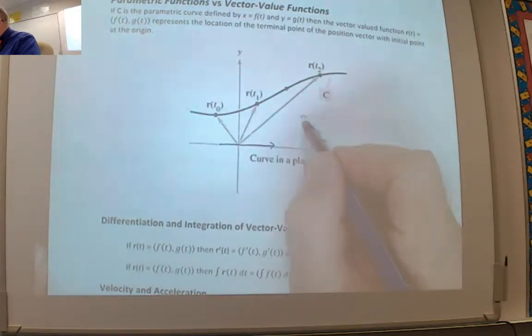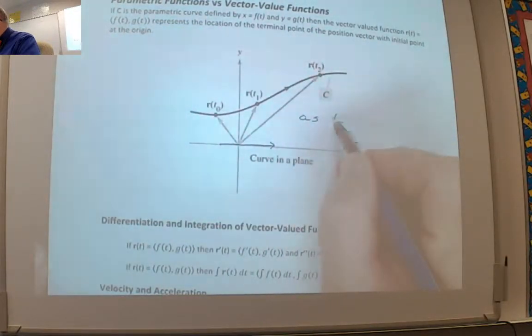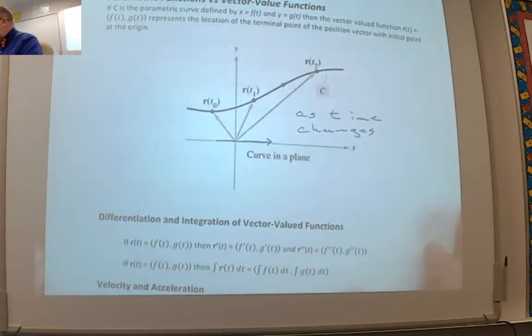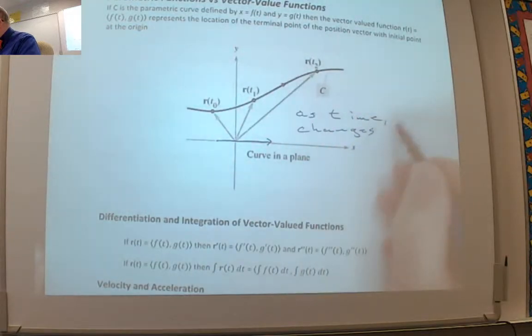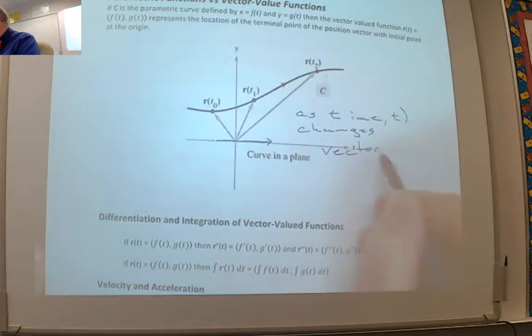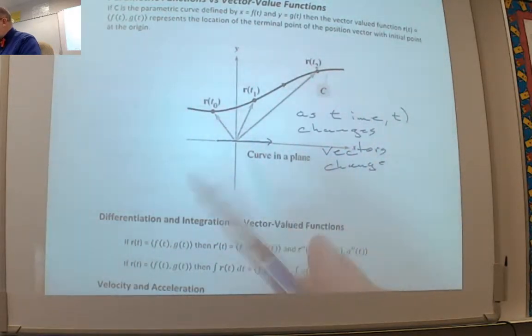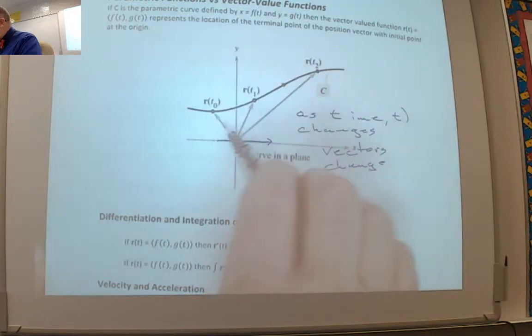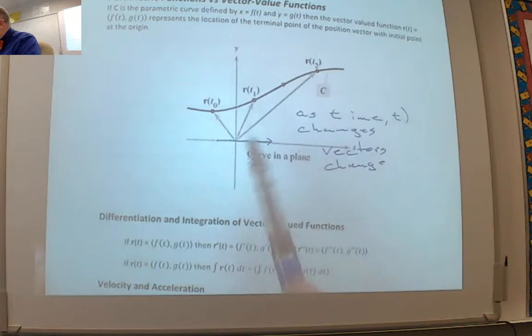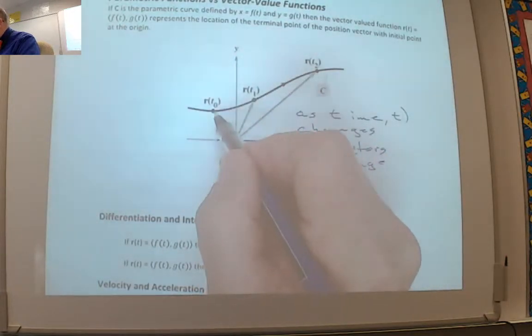As time changes, the vectors change. So whatever time I have, whatever that vector is, this vector is going to create this point right here.